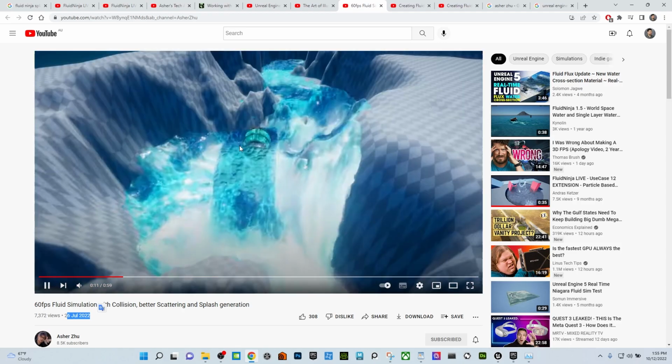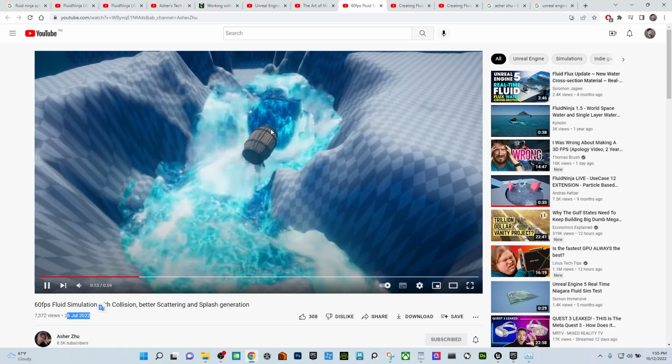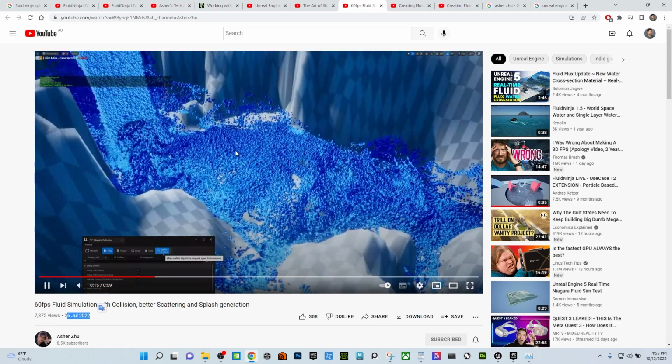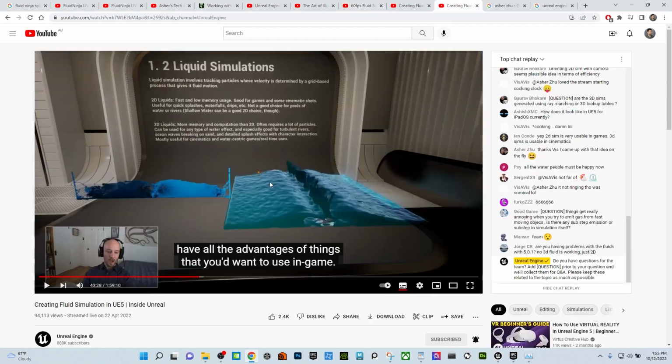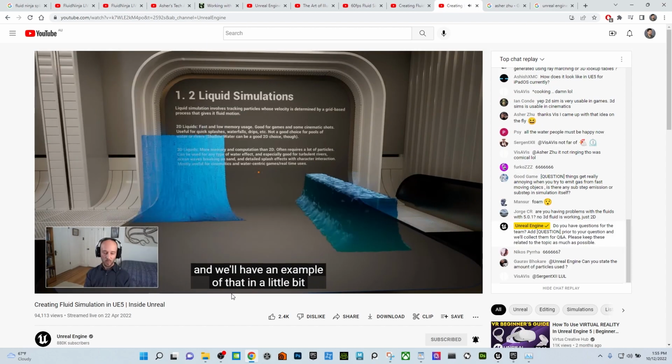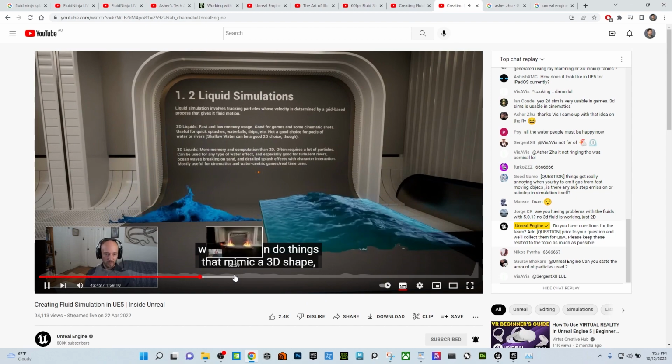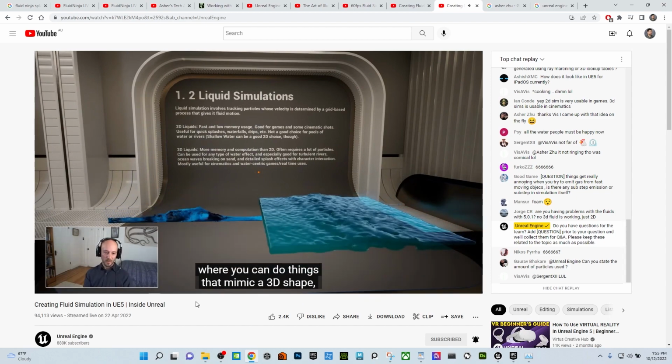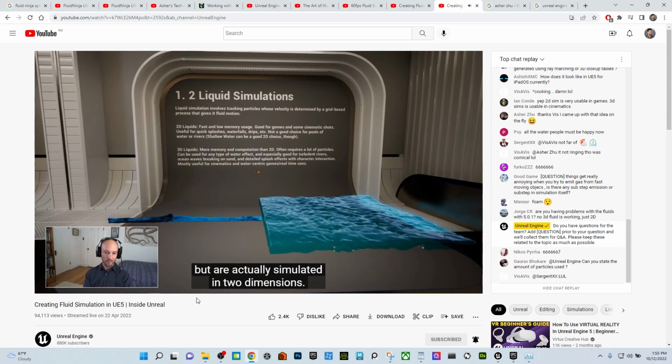I don't know what graphics card he's running this on. My testing is on my laptop so far, 3070 Ti. There are some other mentions about using 2D to look 3D and such things, and we'll have an example of that in a little bit, where you can do things that mimic a 3D shape but are actually simulated in two dimensions.